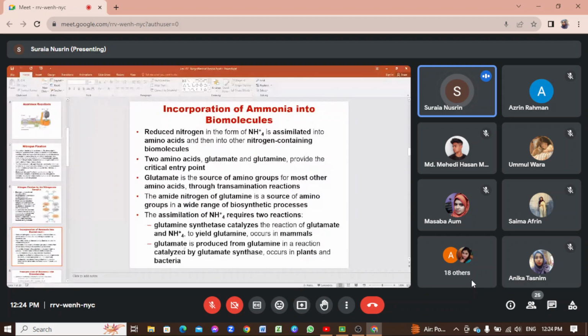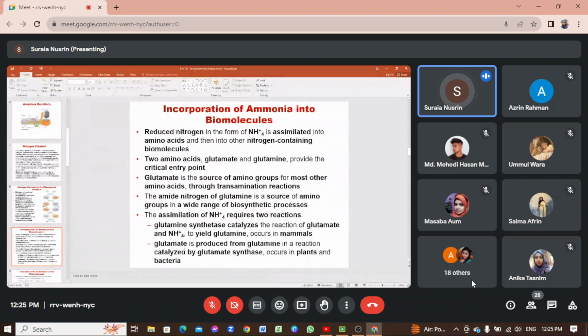Now we get ammonia. So what will happen to the ammonia? Ammonia will ultimately be utilized by the microbes, or by the plants. It will be incorporated into amino acids or other nitrogen containing biomolecules.